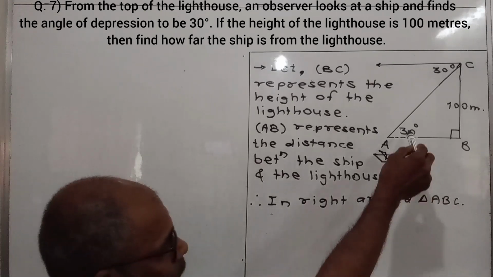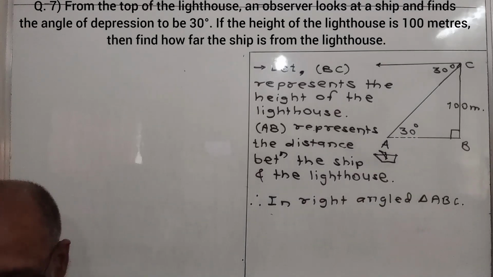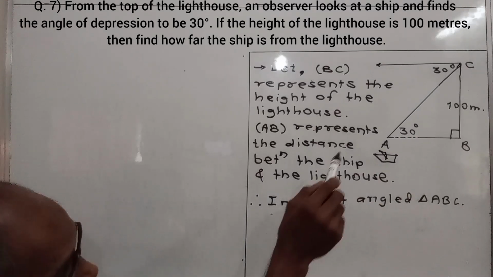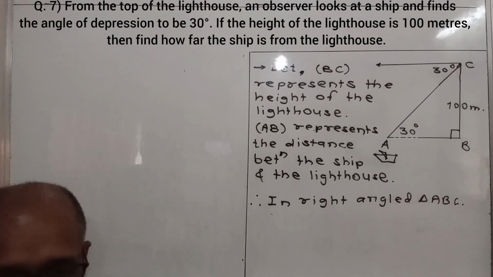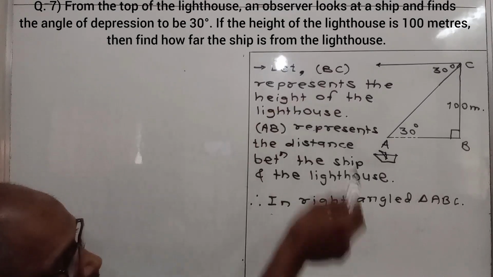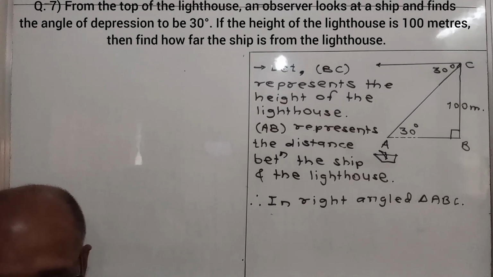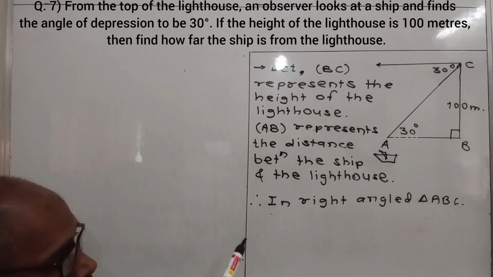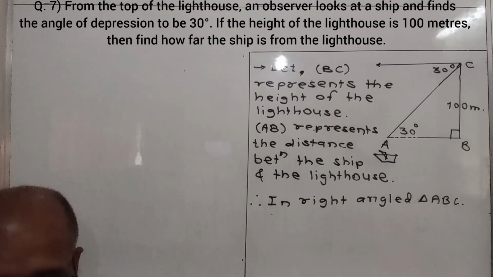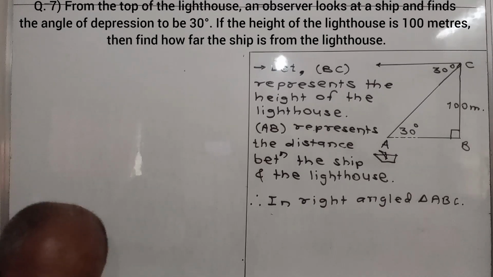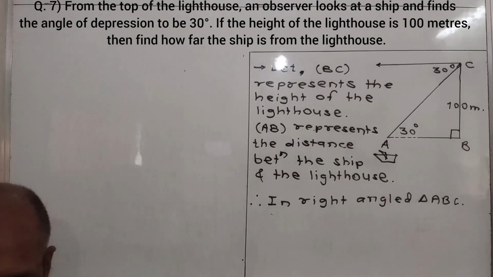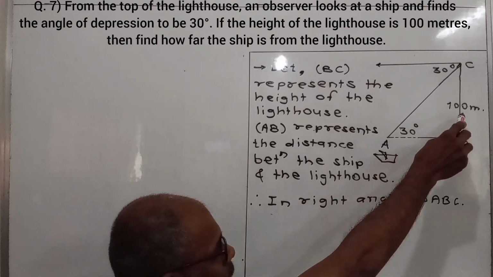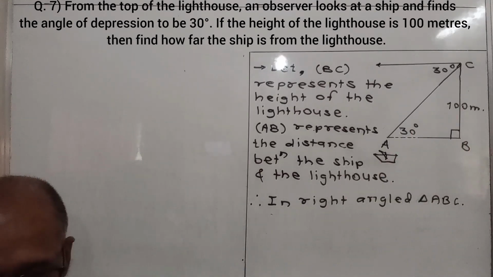Now we know angle A is 30 degrees and we know the length of BC, or height of the lighthouse, 100 meter. Then the question: find the distance between the ship and the lighthouse, or how far is the ship from the lighthouse. Okay, so we use BC and AB.